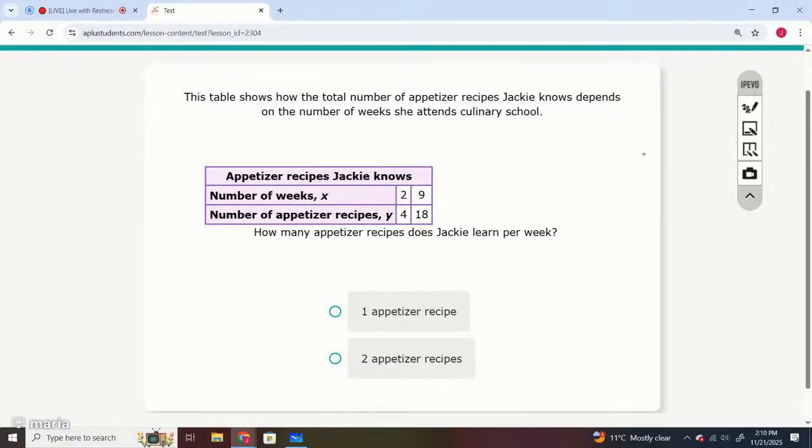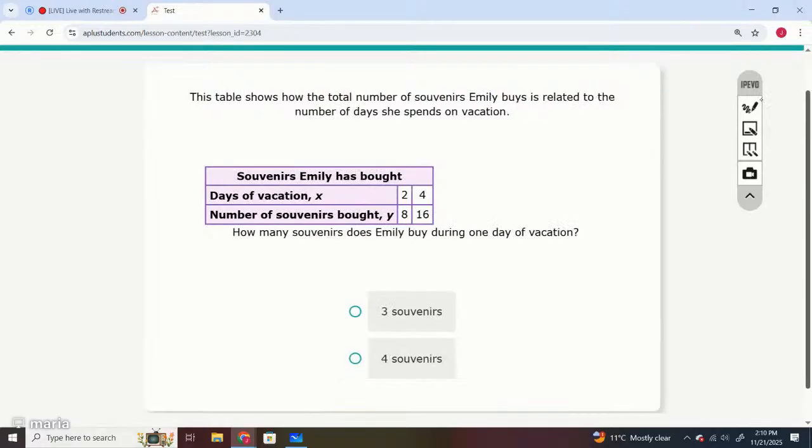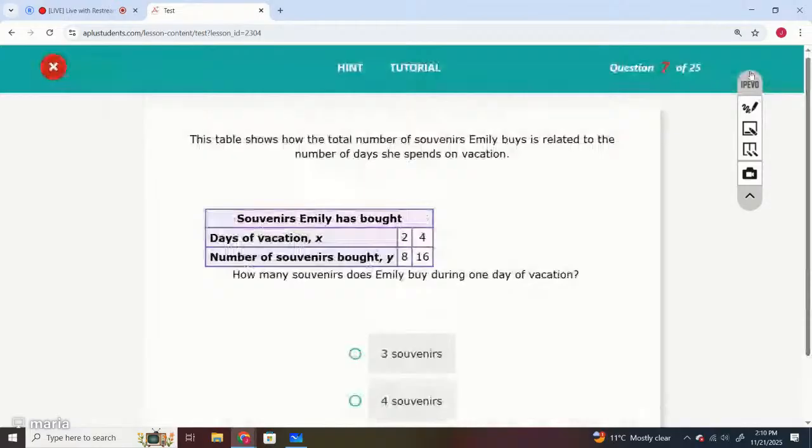That is two appetizer recipes. Okay, you can complete the lesson by yourself. Just move on to the next lesson.